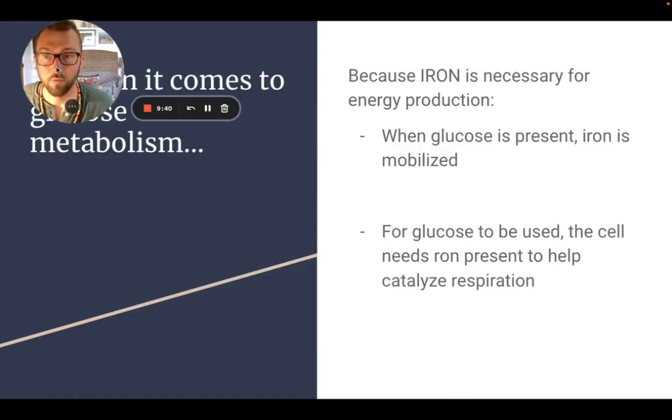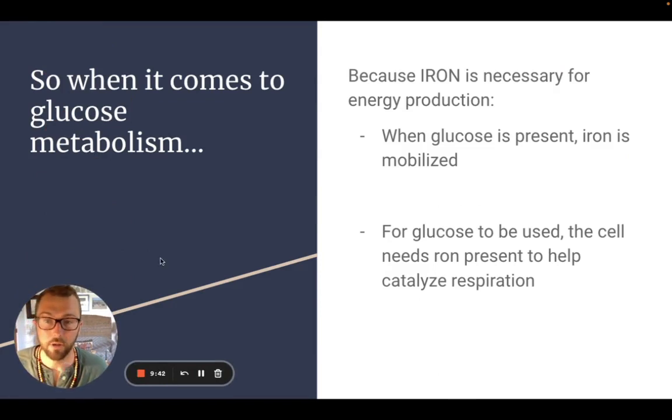Now, because iron is synonymous with energy production, what does that mean when it comes to glucose metabolism? Because when we think of glucose metabolism, we also think of energy production, right? So when glucose is present, so is iron. When glucose is taken in, iron gets mobilized because your body knows, okay, glucose is here, it's time to make energy.